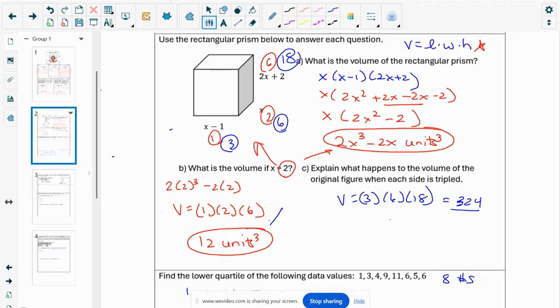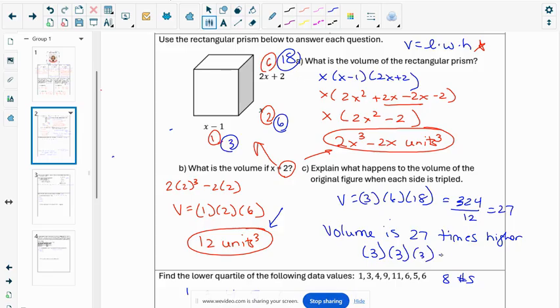So I'm going to compare that to the original volume. 324 divided by 12 gives me 27. So we know that the volume is 27 times higher. Now, that's also 3 cubed times length times width times height because I tripled it. Which is going to give you 27 times higher or bigger, however you want to say it. Okay, let's say bigger. All right, next one.